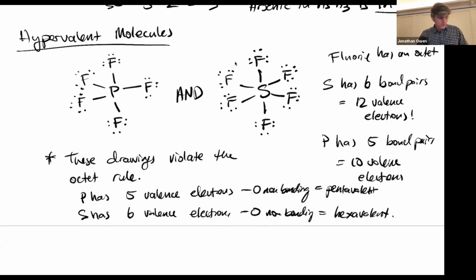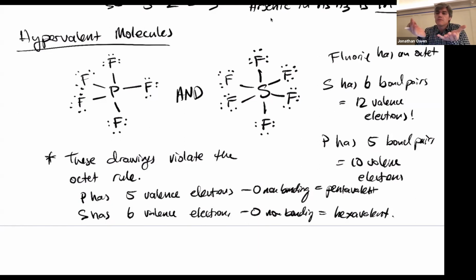Okay, so how do these molecules exist? These molecules exist whether or not we understand them, I would say, first of all. Hypervalency generally in the past was explained using more complicated hybridization schemes where they borrowed orbitals from higher energy levels.